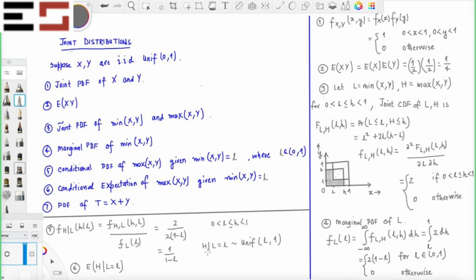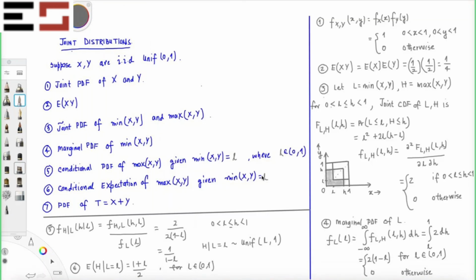Therefore, the expectation of H given L equal to L is (1 plus L) by 2, right? Is that clear? Okay.